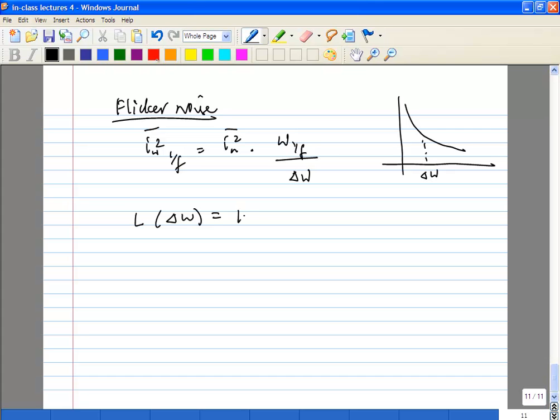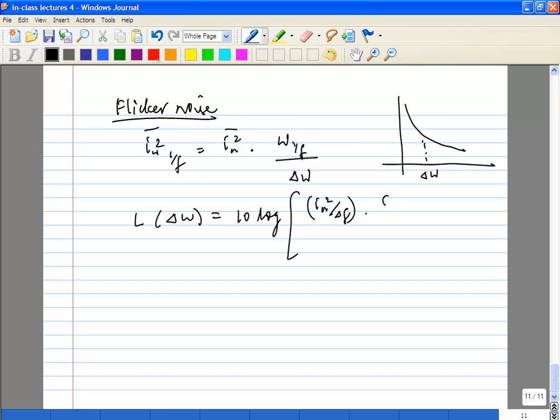What is your L of delta omega? It is 10 log. Okay. Now as far as flicker noise goes, it's only around DC. There is no flicker noise in and around n times omega naught.